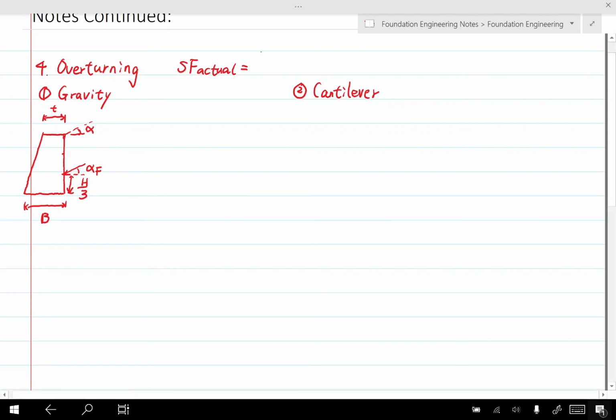So let's use M. So it's going to be MQ over MF. MQ is the anti-overturning moment, and we know it is the resistance. The MF is the overturning moment.